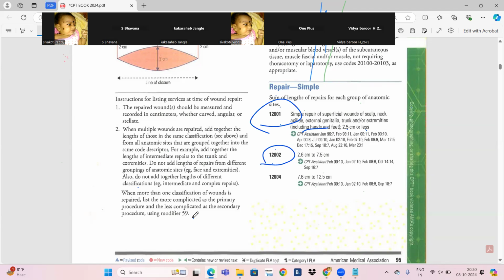For example, one intermediate repair and one simple repair: you need to code the intermediate repair first, then for the simple repair, you need to add modifier 59.